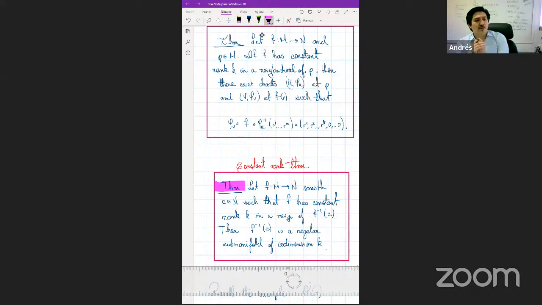Again, we saw that the pre-image of a regular point is a submanifold. When we saw that result, we even saw some applications. Among them was that SLn, the special linear group of matrices, is a regular submanifold. And so now let's see an application.